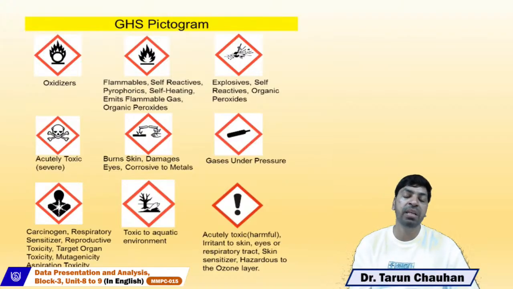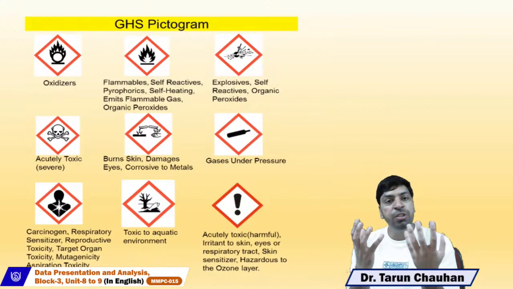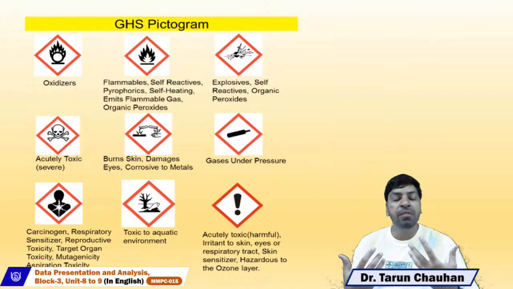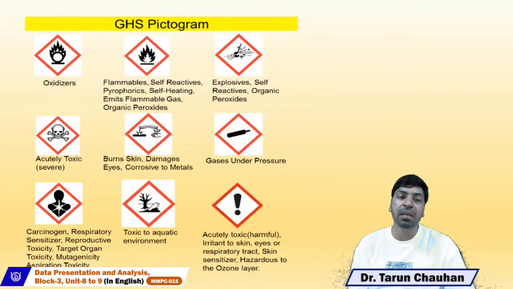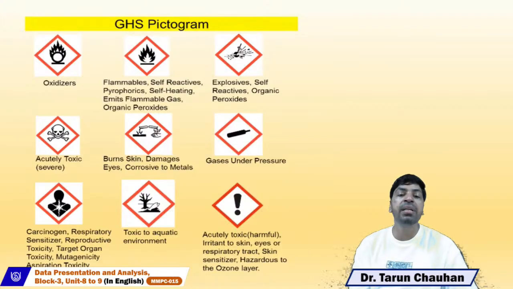Even gases under pressure, respiratory sensitizer, and reproductive toxicity have been shown in very small images, which show precautions to be taken by you before you do something harmful for health and of course for society. Toxic to the aquatic environment, harmful irritant to skin.